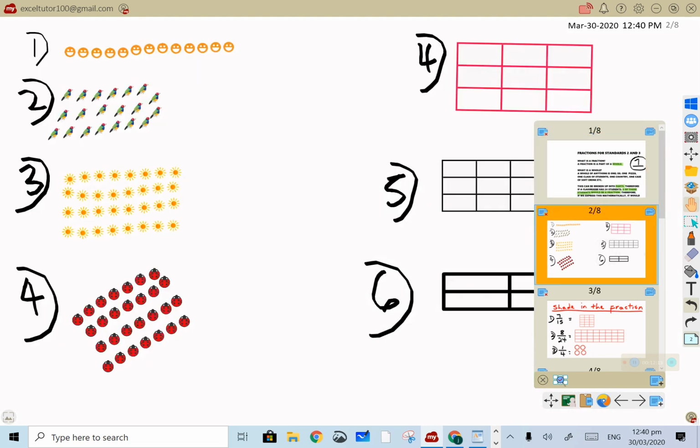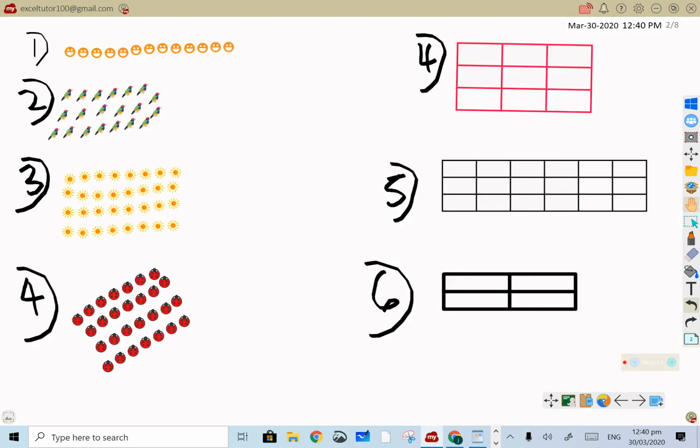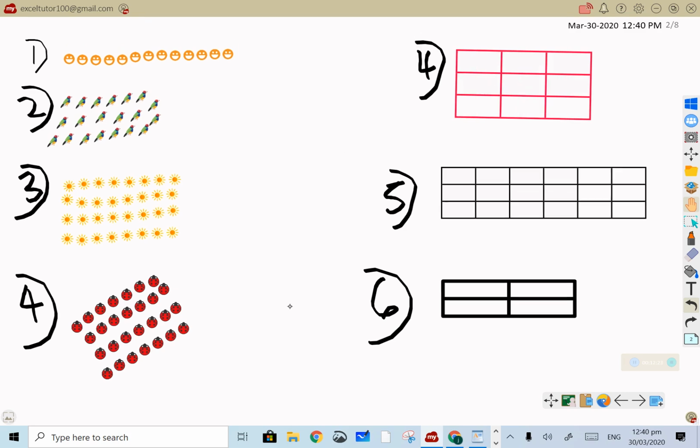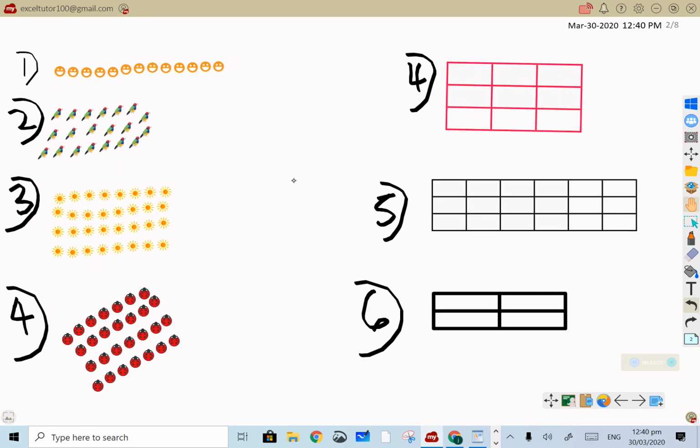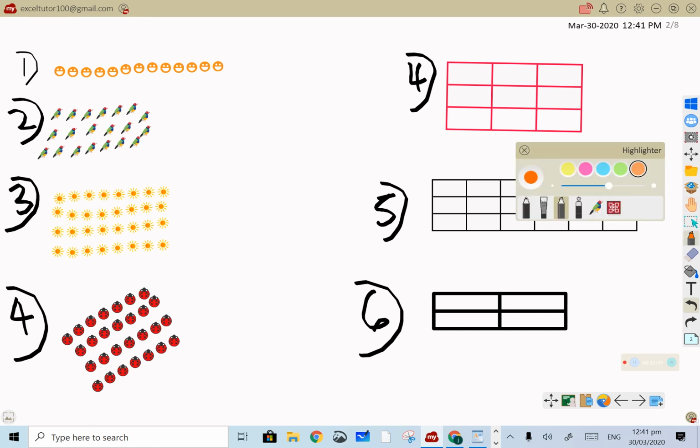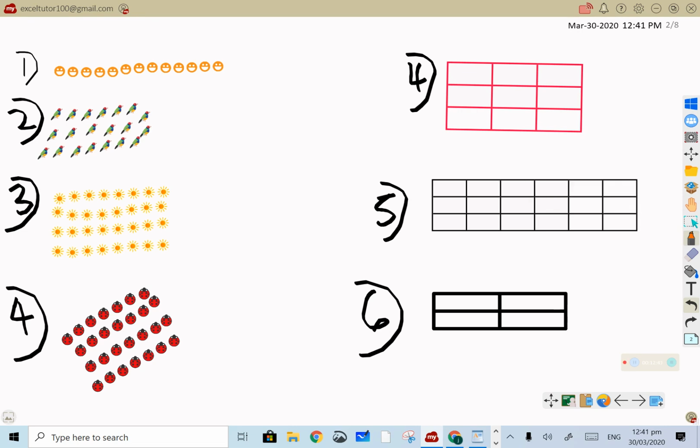Okay, right? So we're going to look at the next aspect of fractions as it normally comes. This aspect of fractions basically is identifying fractions from drawings. So basically the first thing that they do is to color in or highlight a certain amount.